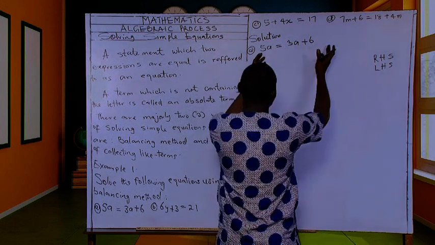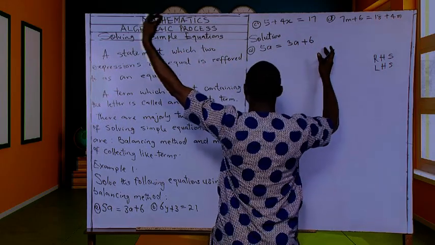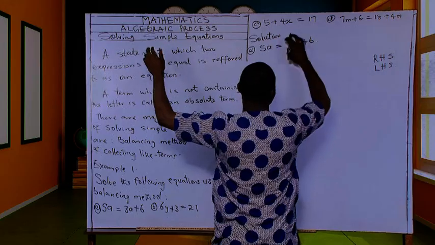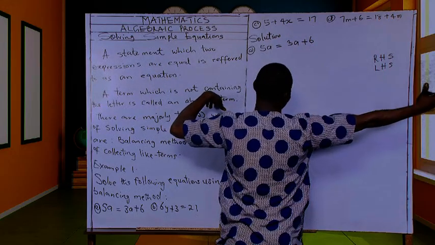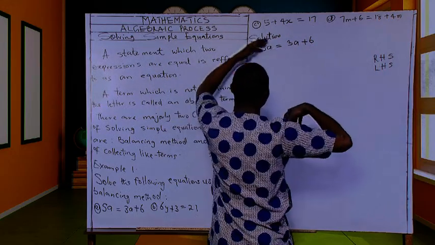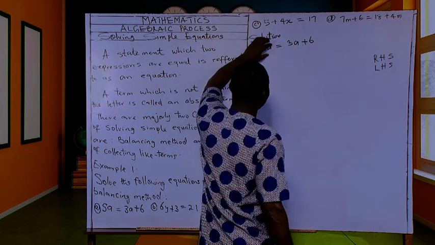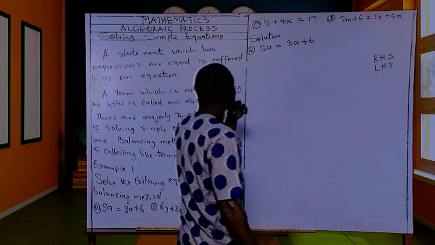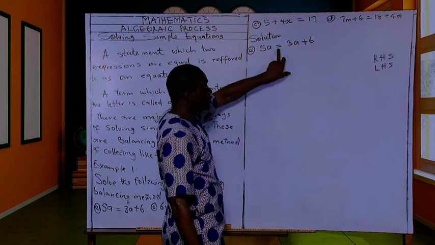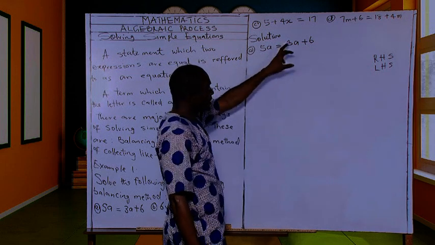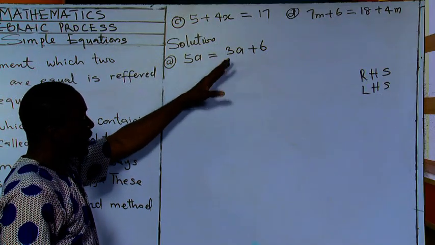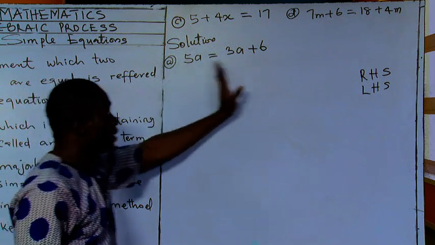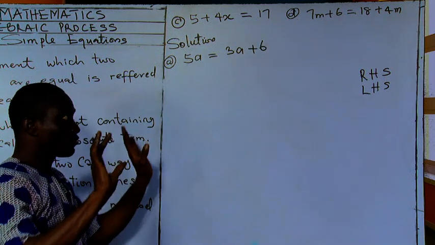This is the equation you are having. This is your left side, this is your right side. This is the equation symbol we have in between the two expressions to make them an equation.